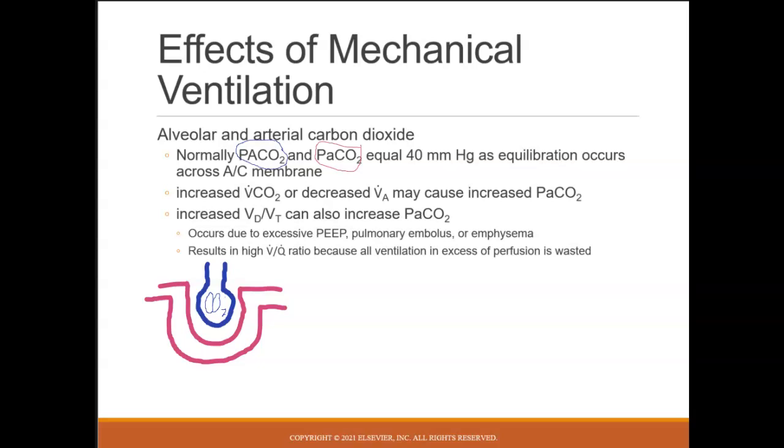Under normal circumstances, the CO2 is going to move out of the blood and into the alveoli. But when you have a decrease in alveolar ventilation, or when you have an increase in the production of CO2 in the body, the amount of CO2 in the blood is going to increase.